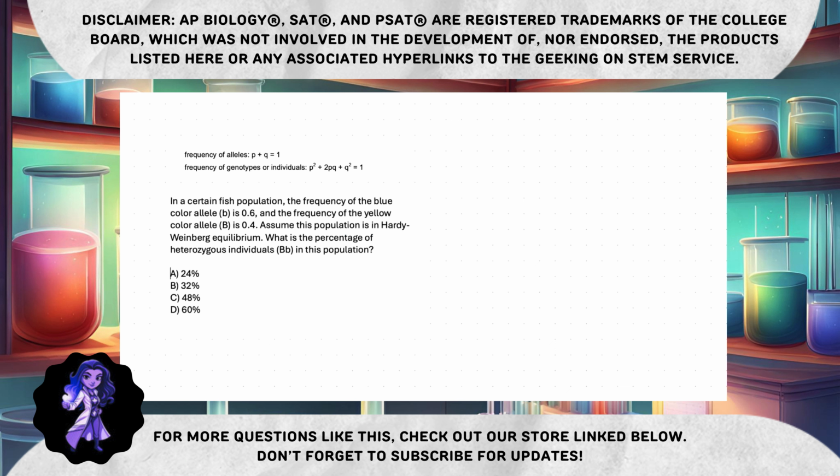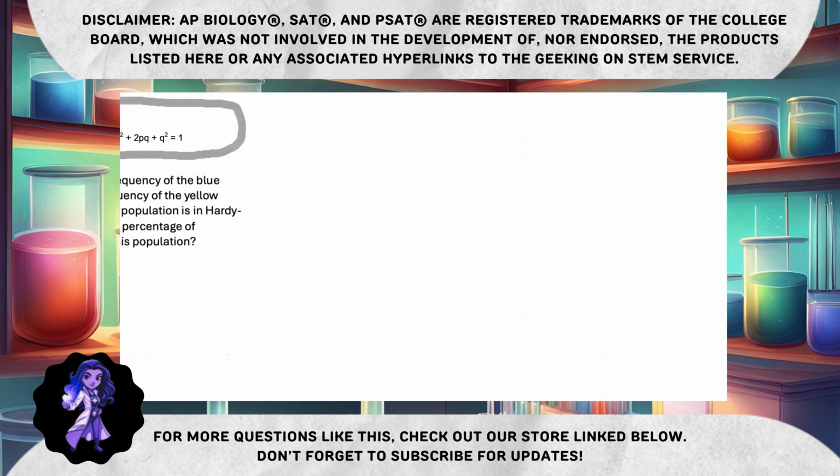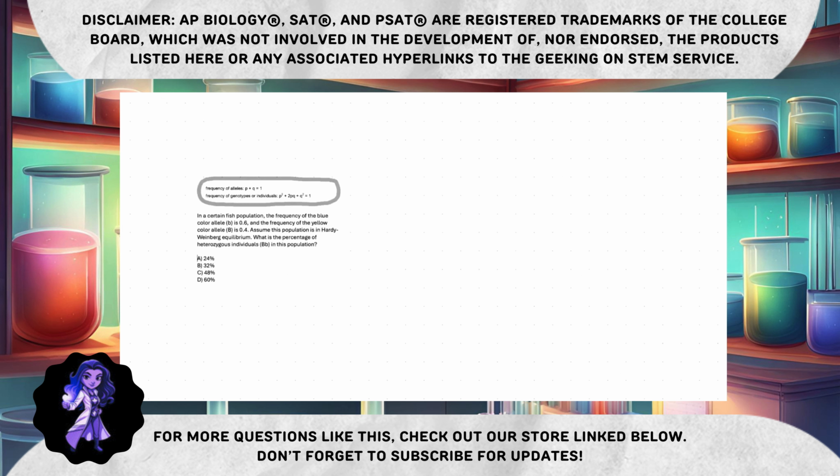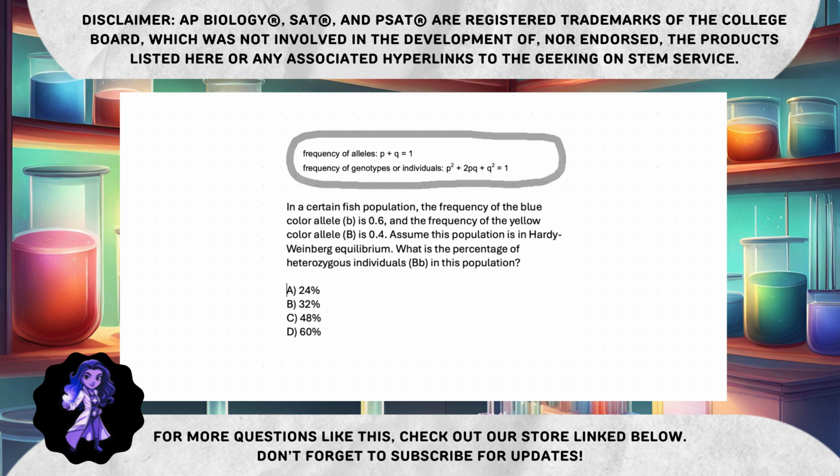So let's talk about the two equations that do come up so you can better understand the idea itself and what it comes down to. Let's take a look at what P means and what Q means for us.